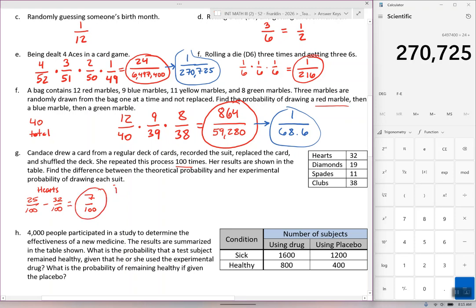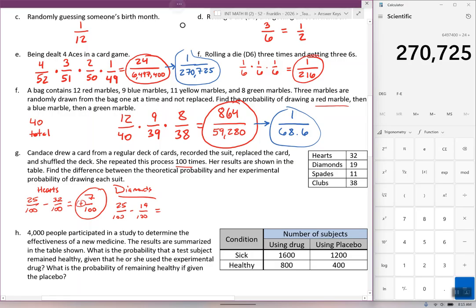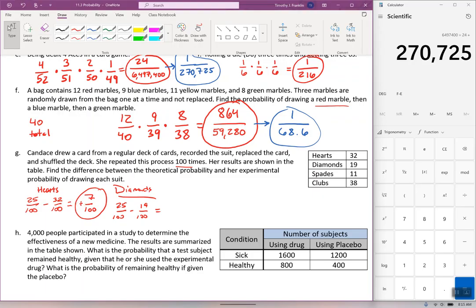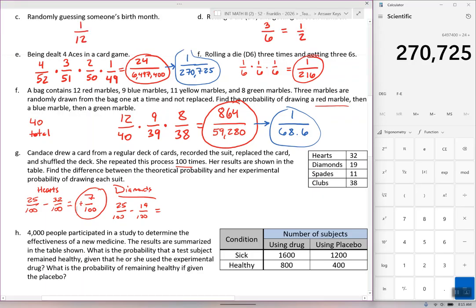For diamonds, we have 19. So 25 minus 19. For diamonds, 25 minus 19 is 6.